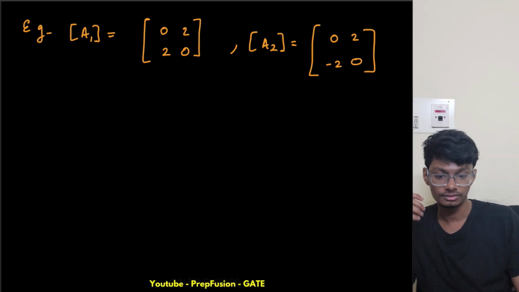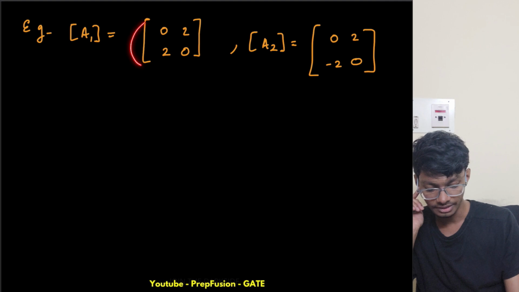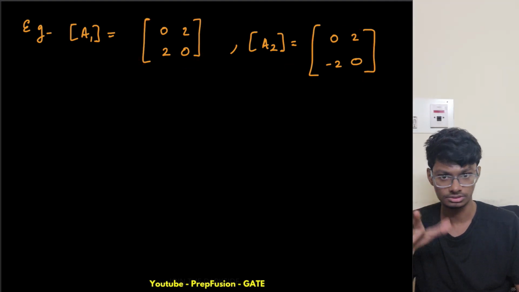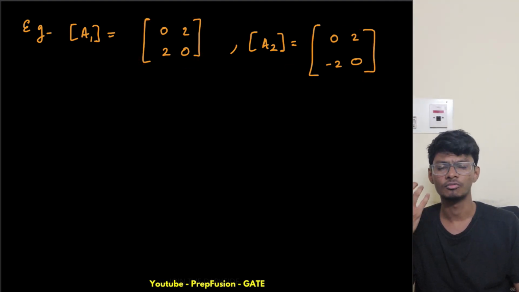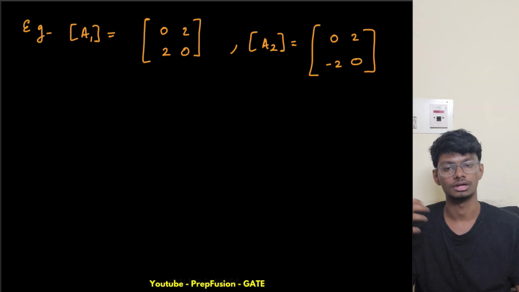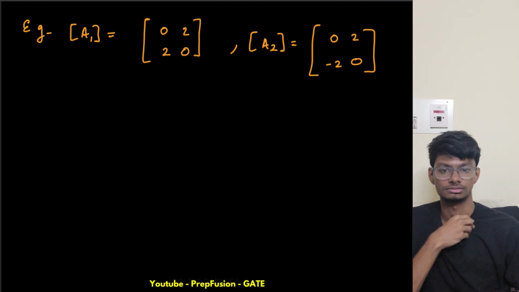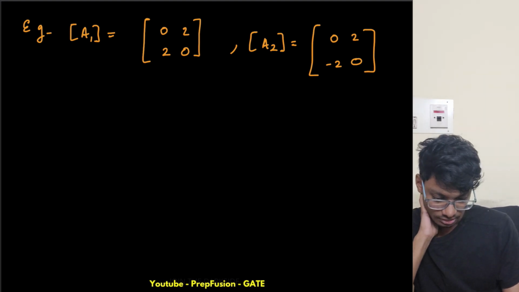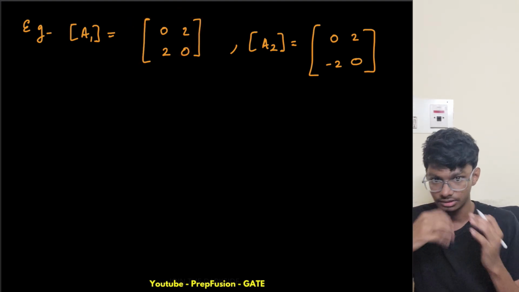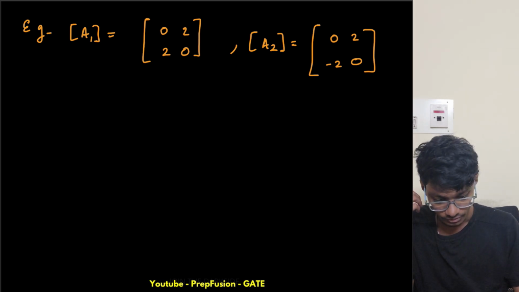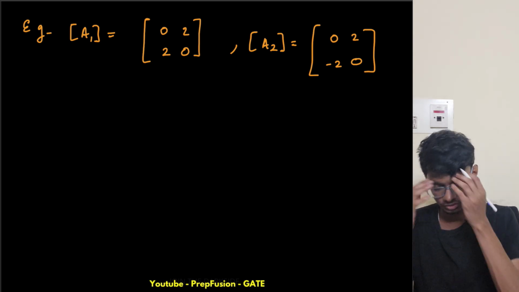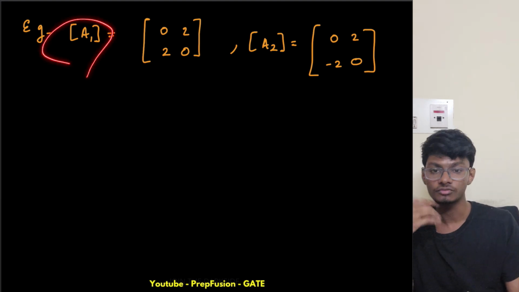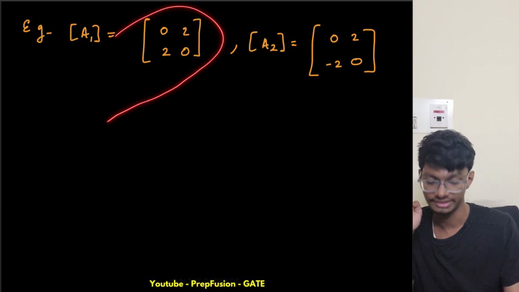So what do you understand from these two matrices? Just observe them; from your basics you can say. I hope you already studied a bit of matrices in 11th and 12th. If I take the transpose of this matrix, it will be equal to the matrix itself.